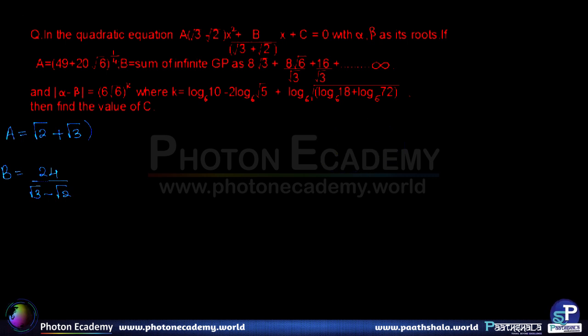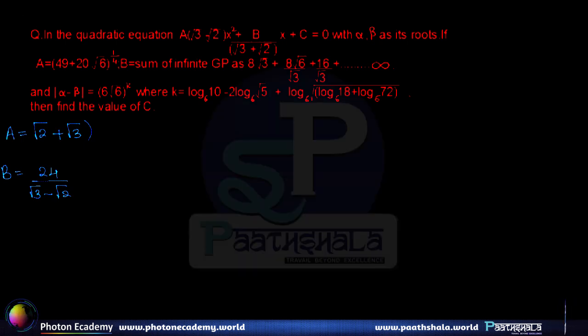The next part, we are given that the mod of difference of the roots is equal to 6 root 6 raised to k, where k is equal to this whole thing. Alright, so let's start by calculating this.